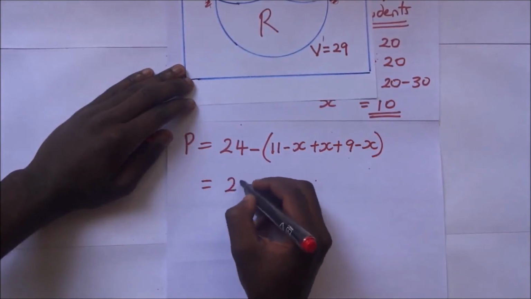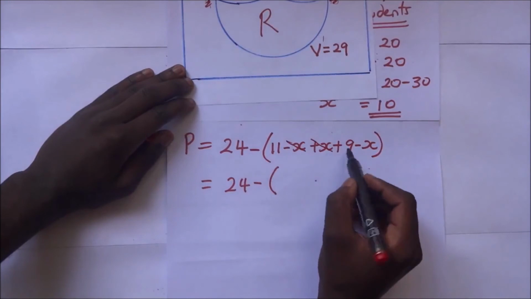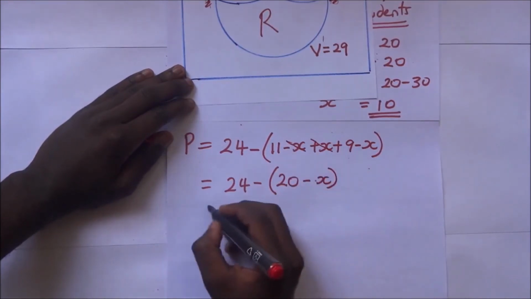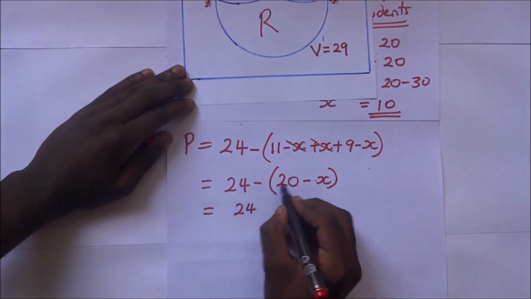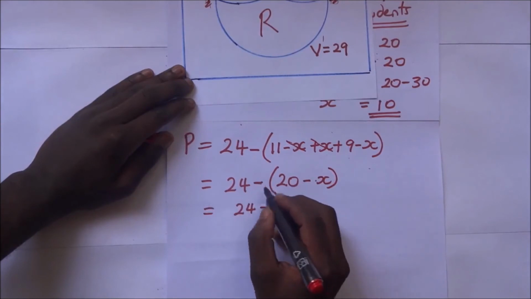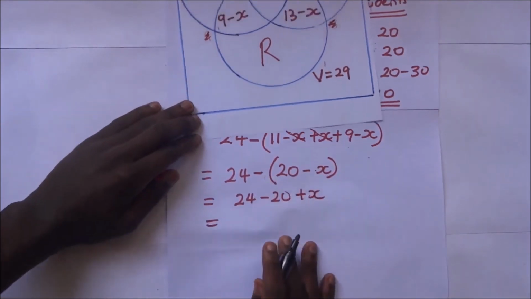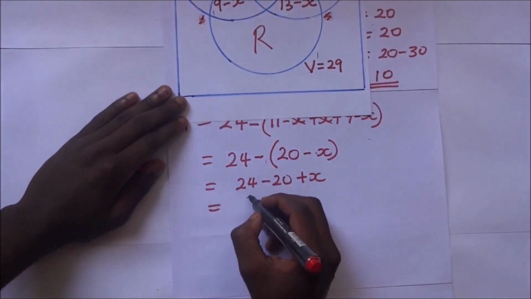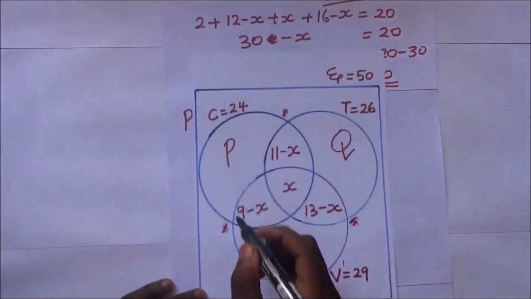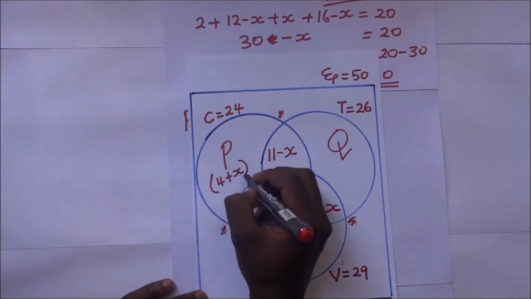And that's going to be 24 minus, that is this and that will go, so we have 20 minus x. When we open brackets here, negative 1 times 20 is minus 20. Negative 1 times negative x is plus x. We shall remain with our value of P as 4 plus x.